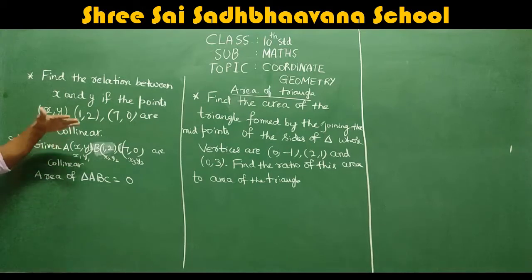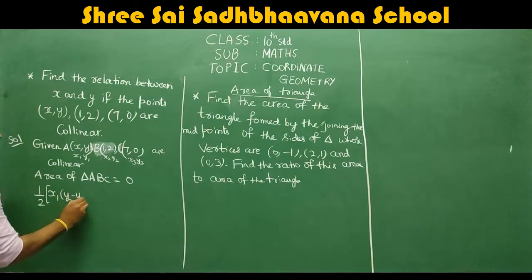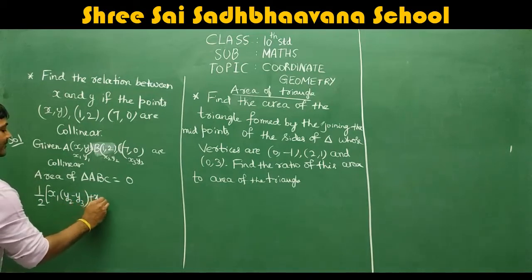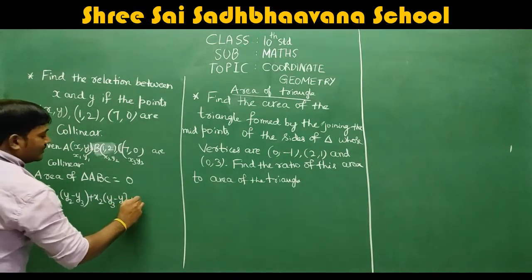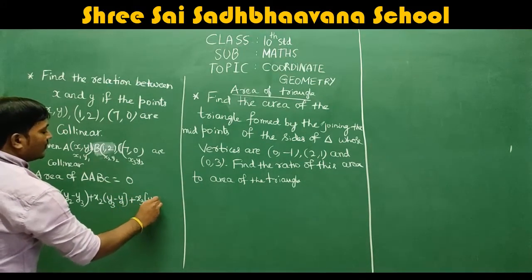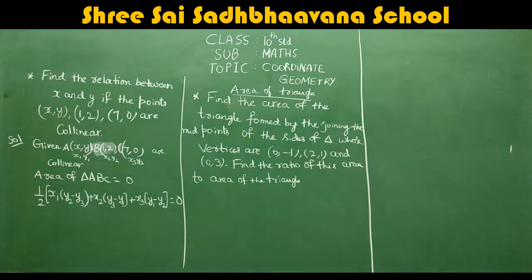When the three points are collinear, the area of the triangle formed by those three points should be equal to 0. Again, write the formula of the area of triangle: half into x1 into y2 minus y3 plus x2 into y3 minus y1 plus x3 into y1 minus y2. This should be equal to 0.